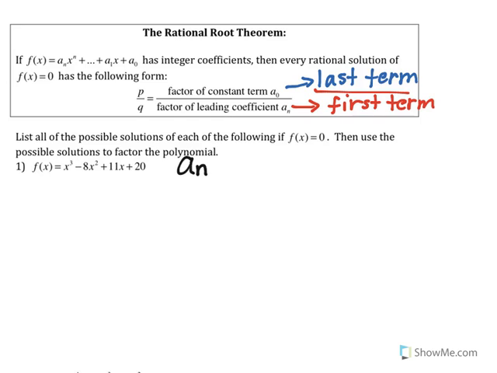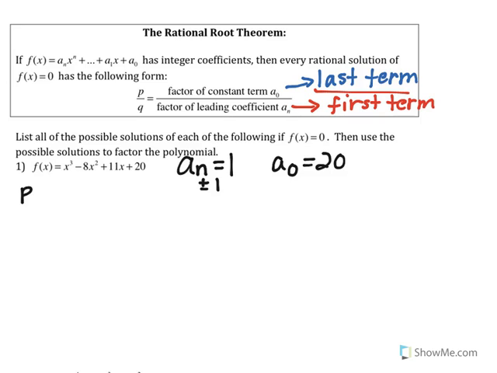So our an, or our first term, is 1, the first coefficient, and then the last is 20. Since we're going to be dividing everything by 1, and the only factors of 1 are plus or minus 1, we can really just list out the factors of 20, and that will work.